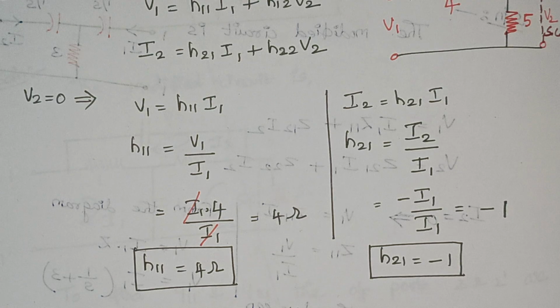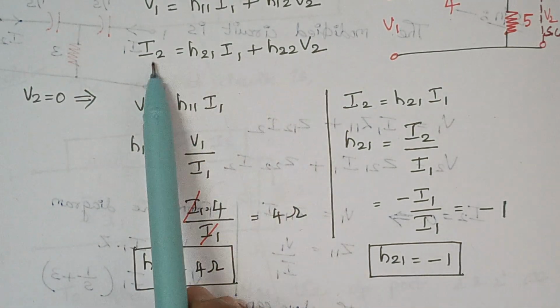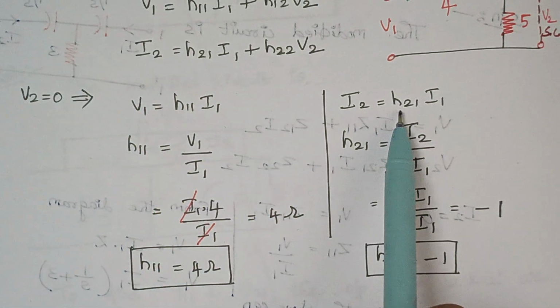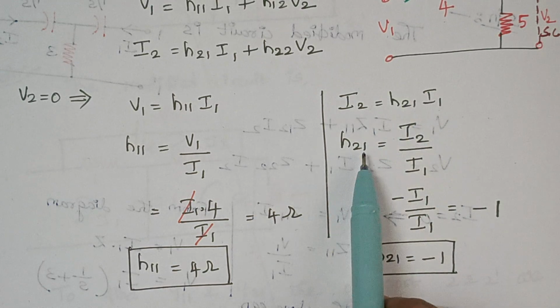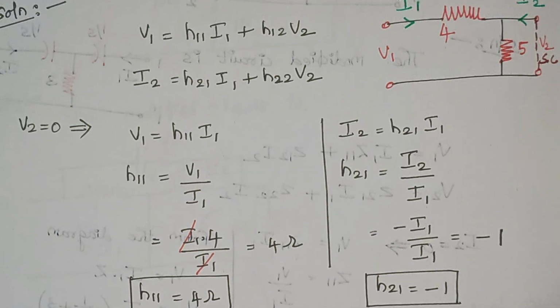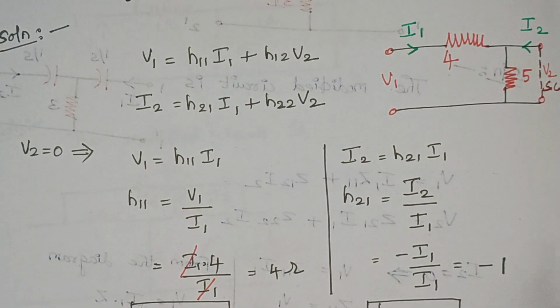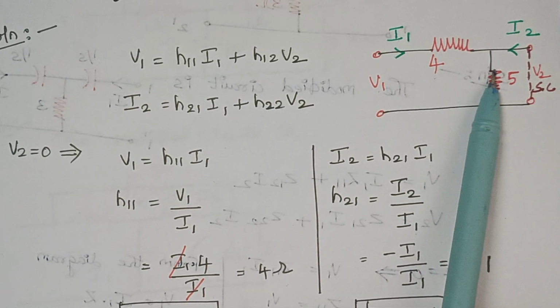Now when you look at the second equation, when you make V2 0, what are the remaining terms? I2. So I2 is equal to H21 I1. What is H21? H21 is nothing but I2 by I1. Again when you look at this circuit, this 5 ohm is not considered.